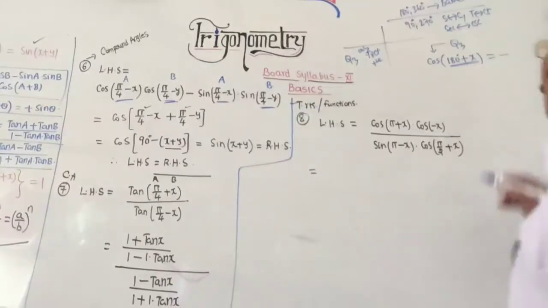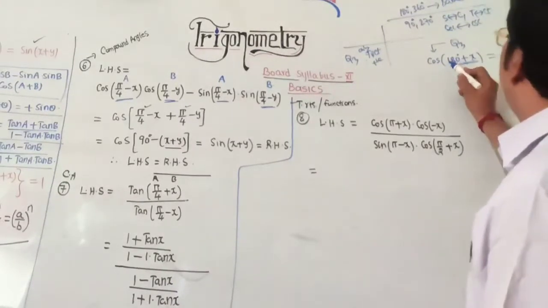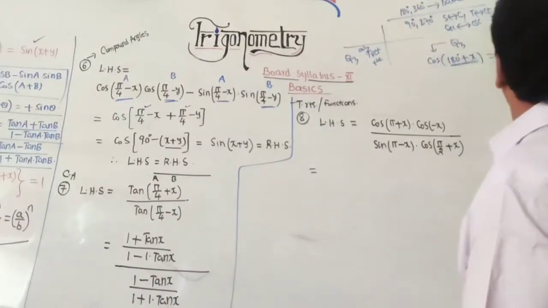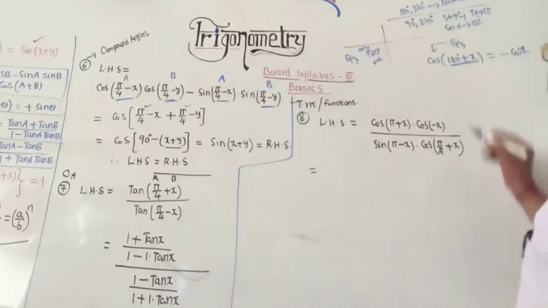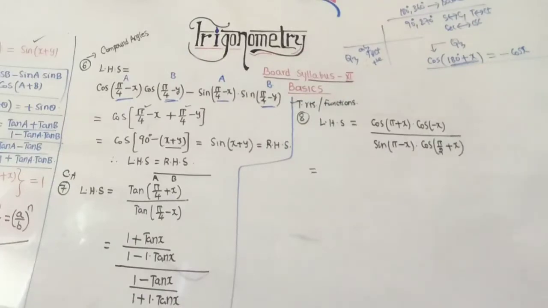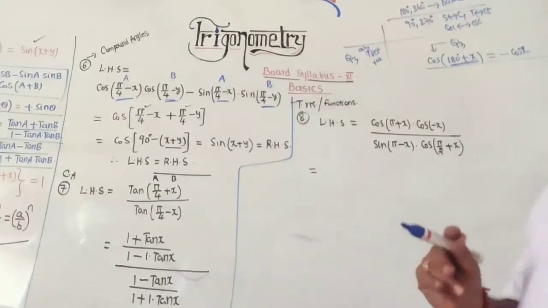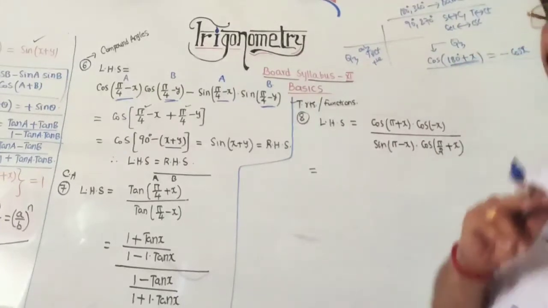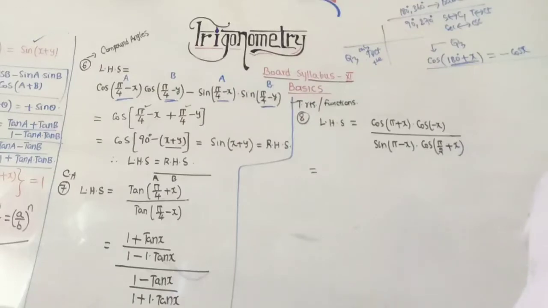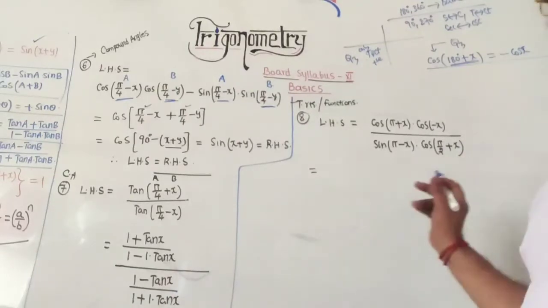Understand? So, for 180, same to same, cos is also cos, angle same, x. Thus, cos of 180 plus x is equal to minus cos x. You will have to take more practice on such kind of values. Remember, understand. Otherwise, it is not possible to write that formula.